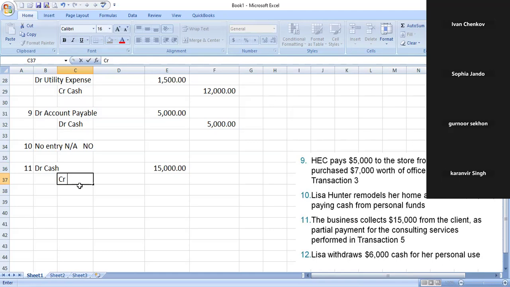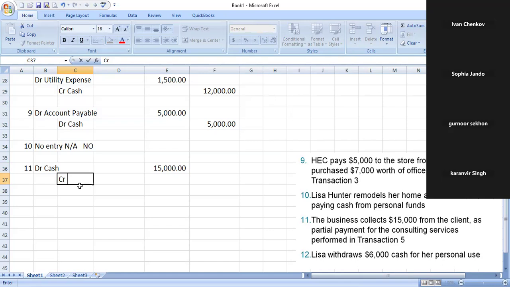When we got $15,000 cash, did we provide the services? This is an amount due. No, we're not providing services. We already provided the services. We haven't collected the cash. Now we're collecting the cash.